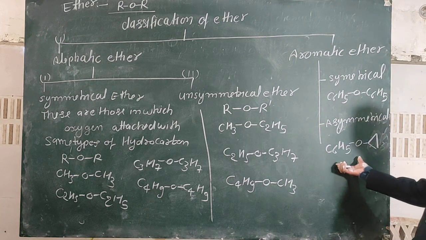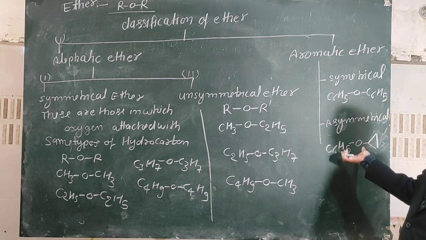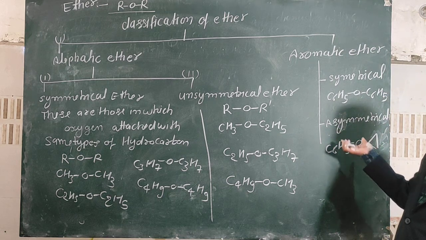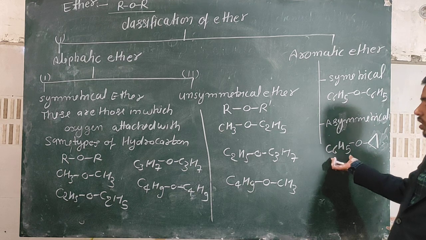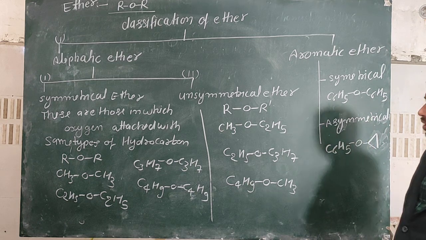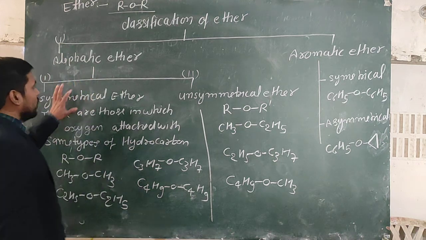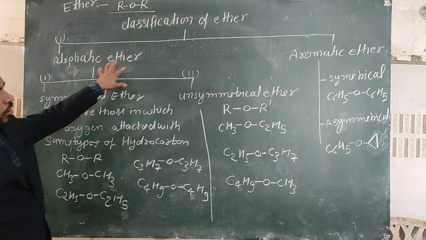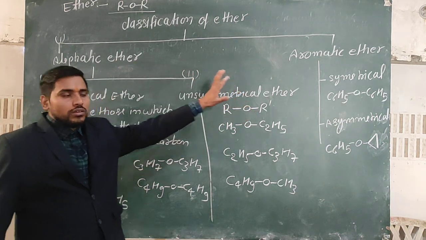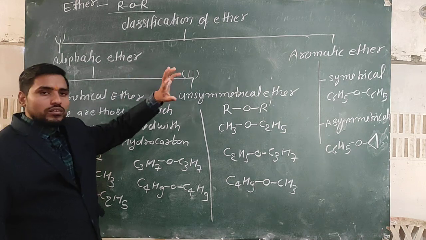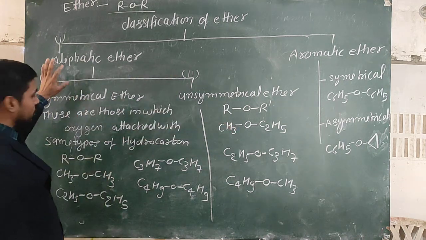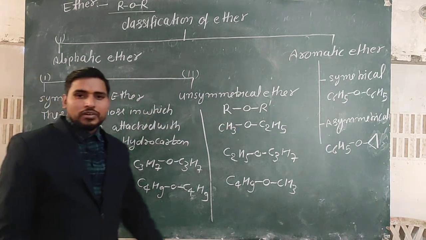Okay, it is known as asymmetrical ether toward the aromatic ring. On the basis of aliphatic hydrocarbon or aromatic hydrocarbon, ethers are classified into two categories: first is symmetrical, second is unsymmetrical.